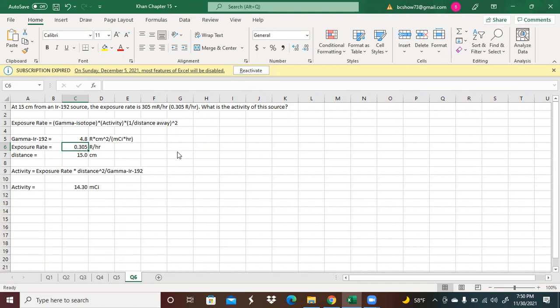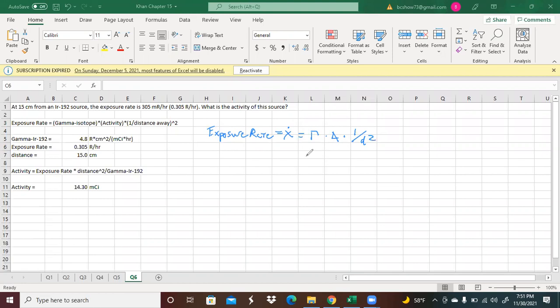If you take this particular equation and you reorder things, what you find is that the exposure rate, which in this case is x dot, is equal to the gamma, the isotope constant, times the activity, times 1 over the distance squared.